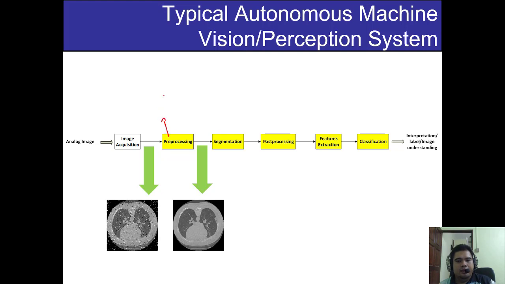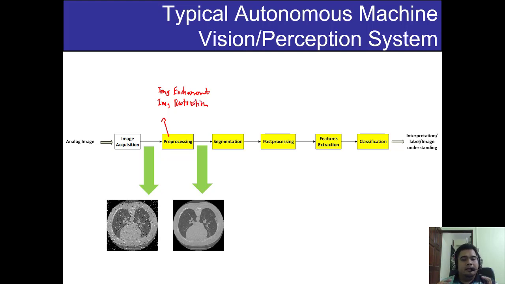It can also have image restoration, which we have explained before.